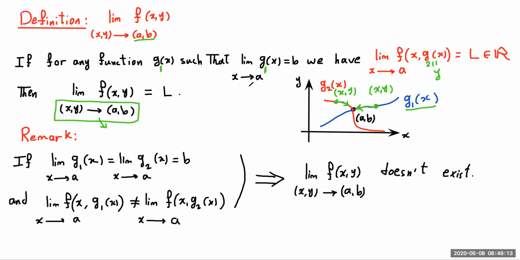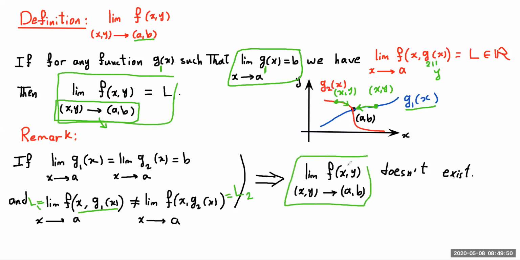Let's take this important remark: if we can find two functions, g1(x) and g2(x), satisfying this condition that the limit of g(x) when x approaches a equals b, and the limit of f(x,g1(x)) is a real number L1, different from this limit, a real number L2, in this case the limit of my function f doesn't exist.